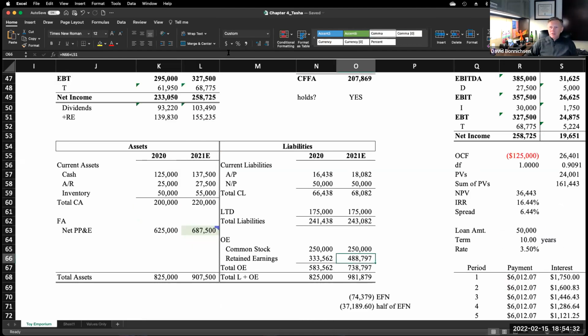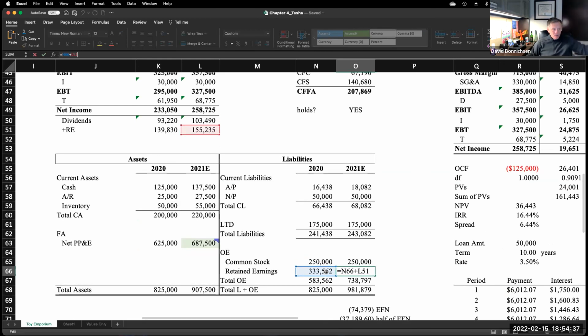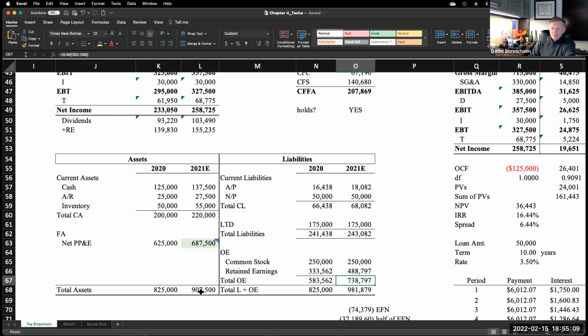So you started the year off with 333,562, and you added to that your estimated addition to retained earnings. Oliver is exactly right. You start the year with what you ended the prior year at, then your operational activity through the income statement shoved some addition to retained earnings into your balance sheet. That's the starting point, which gives us an out of balance situation, right?